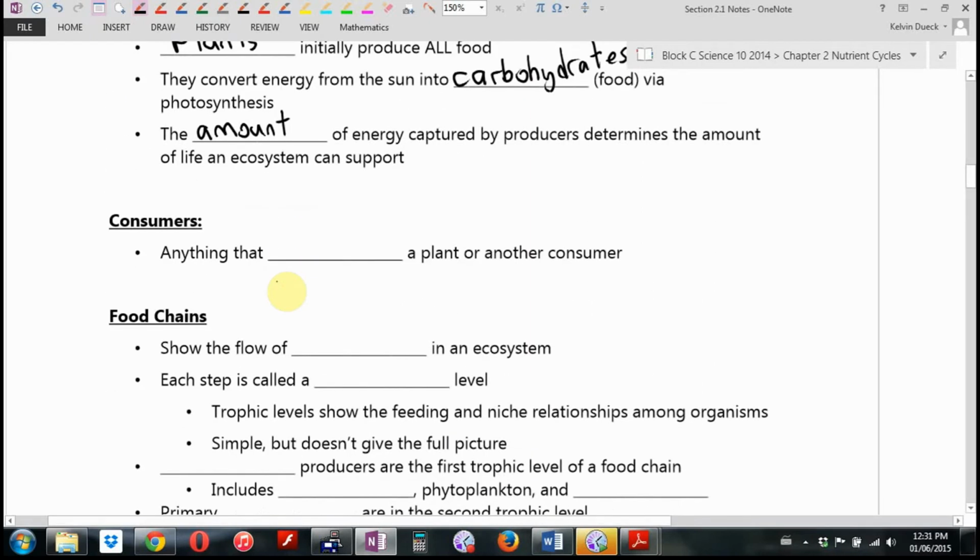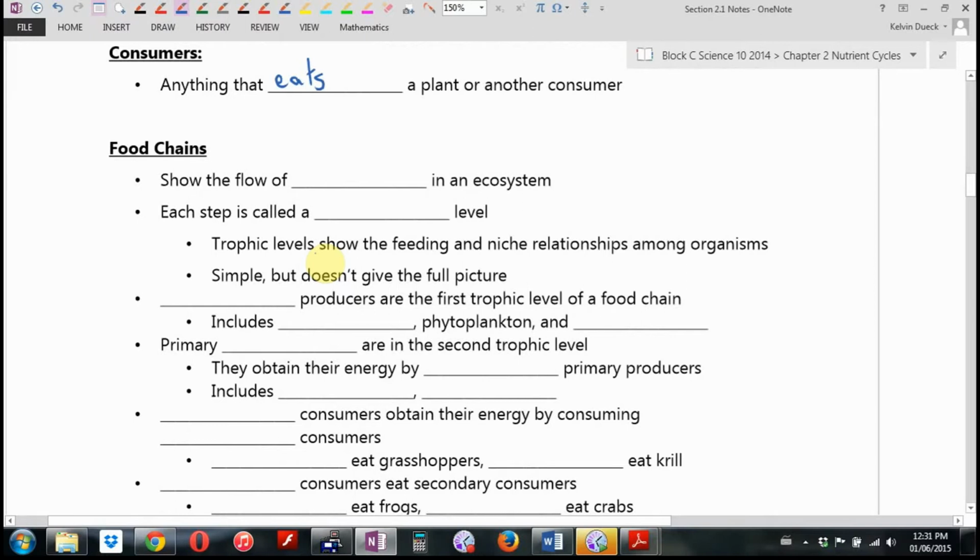Consumers. Well, that's anything that eats a plant or another consumer. Food chains show the flow of energy in an ecosystem. And here is a word that we want to put a little star next to.